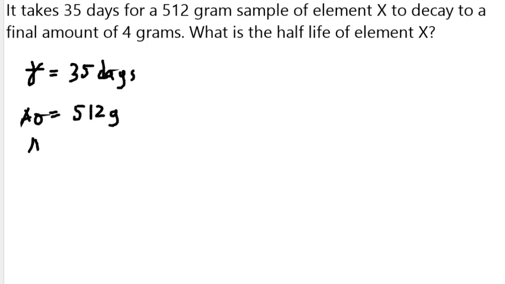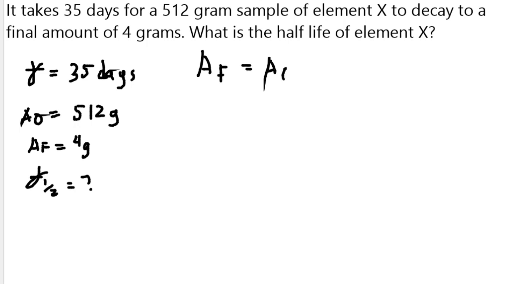We have the initial amount, 512. We have the final amount, 4 grams. So it has been reduced ridiculously. What we're going to do here is calculate the half-life. First we need to calculate the rate constant.